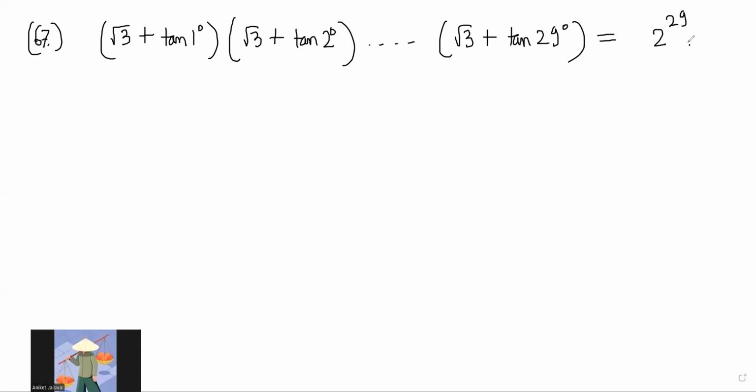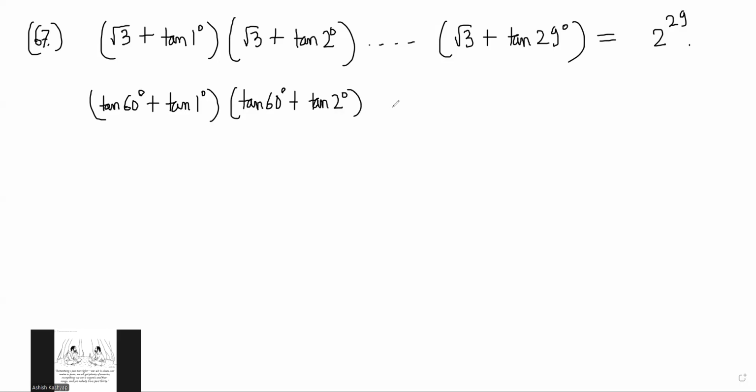Sir, first I wrote root 3 as tan 60 or tan pi by 3. And then I took the first term and the last term and multiplied them. First I took tan 60 plus tan 1 degree. Then it came to sin 61 upon cos 60 cos 1.